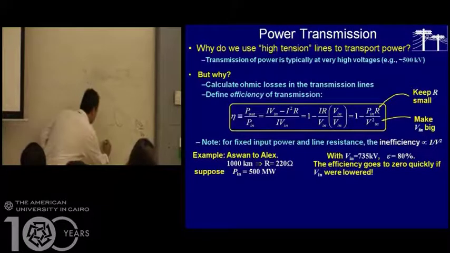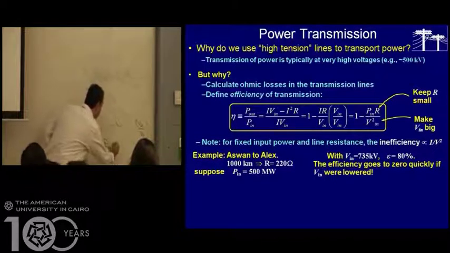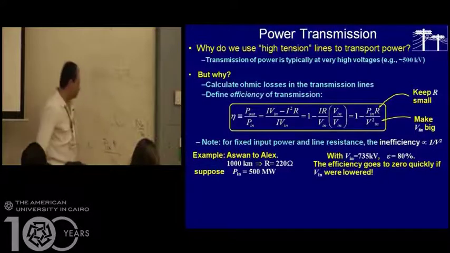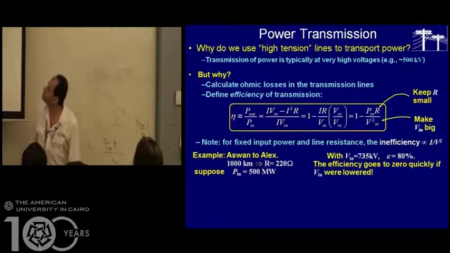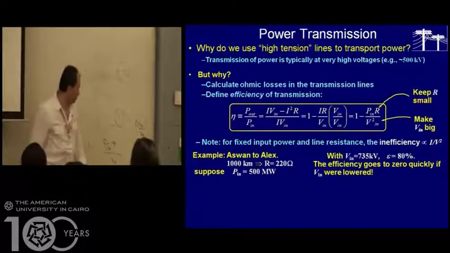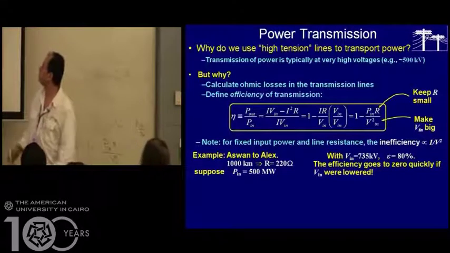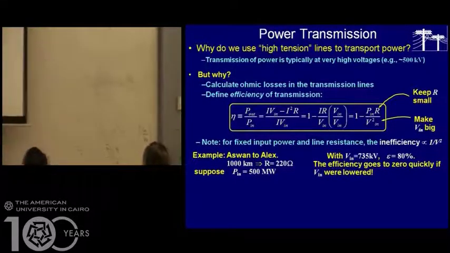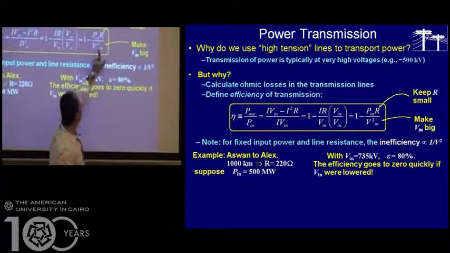Power in, times R divided by Vn squared. Good. Now, this is the equation for the efficiency: 1 minus Pn times R divided by Vn squared.